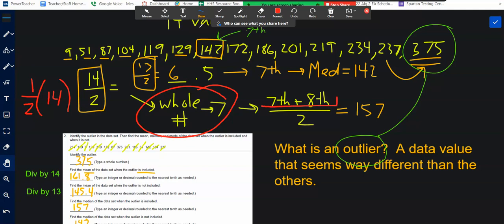So I know it's the 7th and the 8th ones that we're going to average together. And that gave us 157. If we get rid of the 375, so half of 13, that's a 6.5, which we know points me to the 7th. And the 7th one in the list is 142, so that's my median.